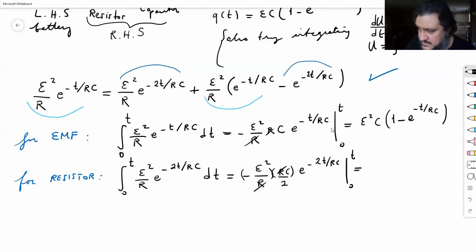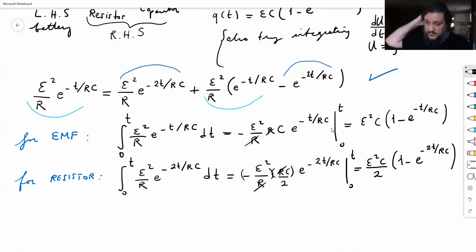R's cancel. E squared times C divided by 2, times 1 minus, I'm just getting rid of the negative here with the minus of the other one, so positive 1 minus e to the power negative 2t divided by RC.